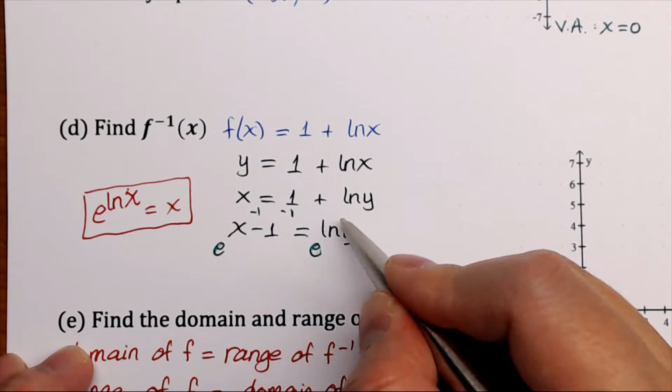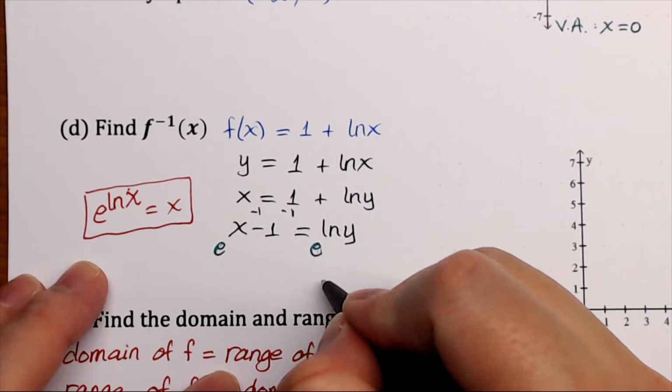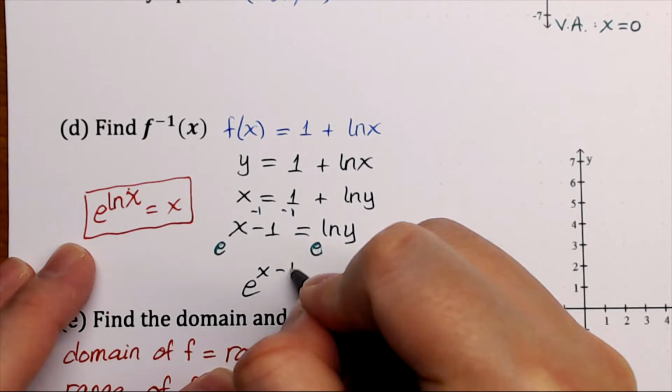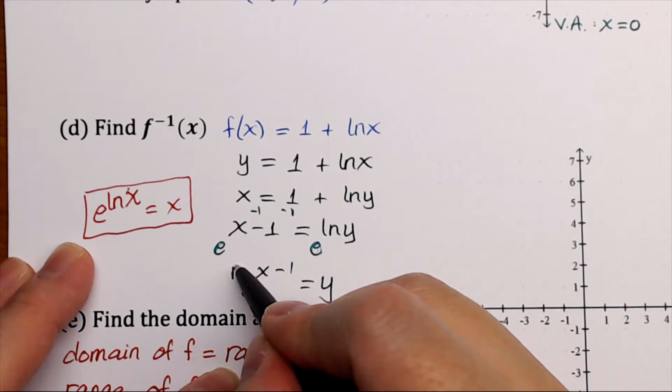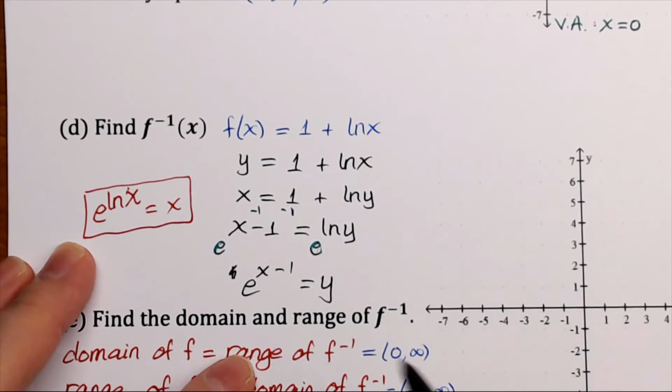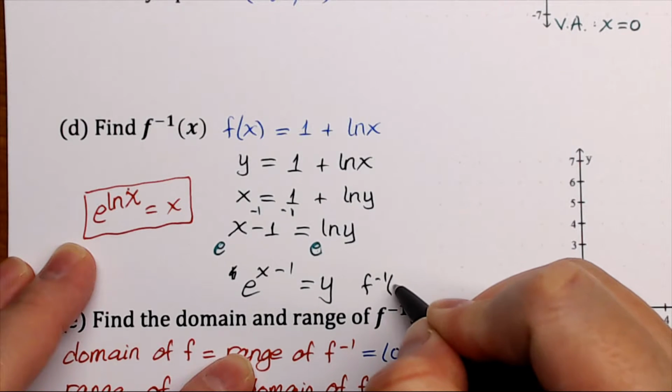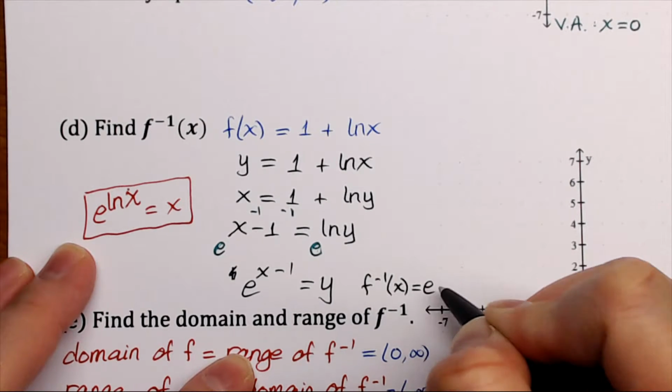Same thing here, e and ln simplify, and we have y equal to e to the x minus 1. And so that is the inverse. And we use the notation for the inverse: instead of y, we write f inverse of x is equal to e to the x minus 1.